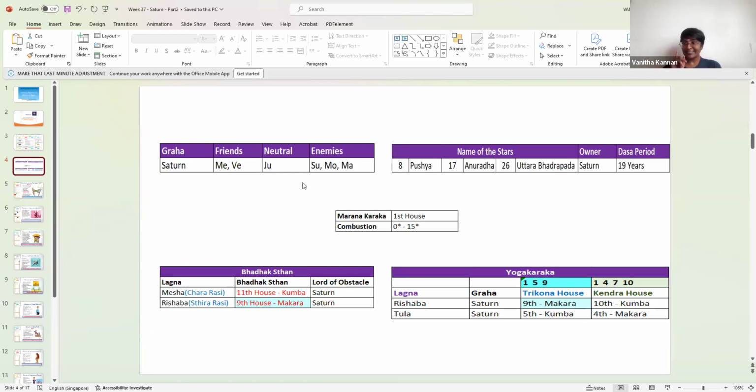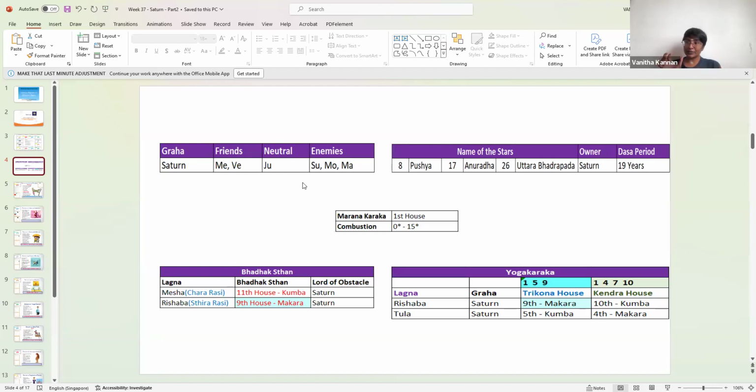And here comes an interesting point. The one thing I highlighted here: for the Rishabha Lagna people, the Bhatakasthana is the 9th house, Makara. At the same time, the 9th house Makara is in the Trikona and the 10th house Kumbha is in the Kendra, so that Graha becomes the Yoga Karaka.